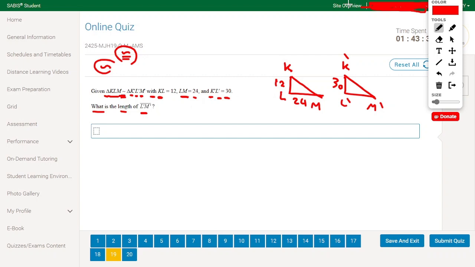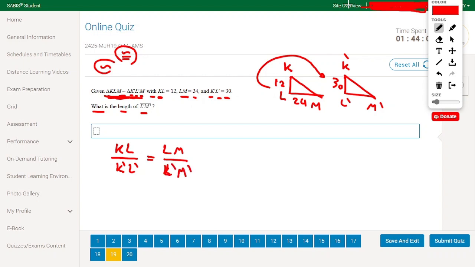When two triangles are similar, the sides will be proportional also. So the equation of the similar triangles: KL divided by K dash L dash will be equal to LM divided by L dash M dash.